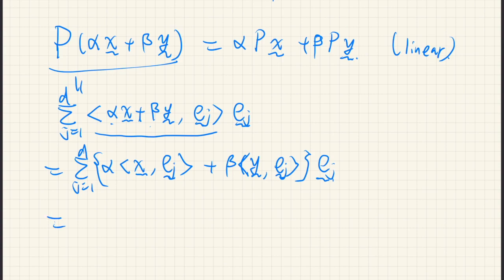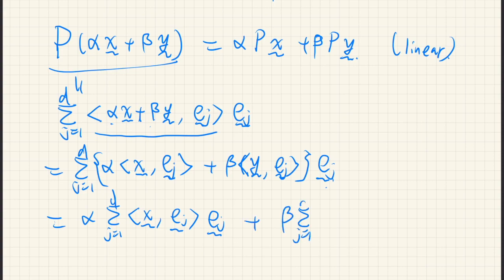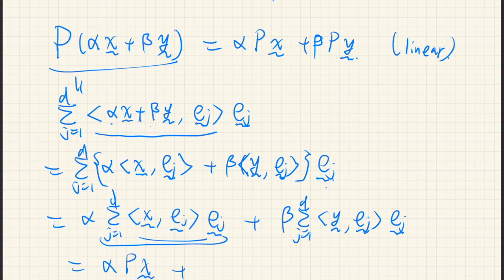And we distribute this again, then we can put alpha out: alpha times the sum over j from 1 to d of the inner product of x and e_j times e_j, plus beta times the sum over j from 1 to d of the inner product of y and e_j times e_j. But this part is just P x, and this one is P y. So it's a linear operation.